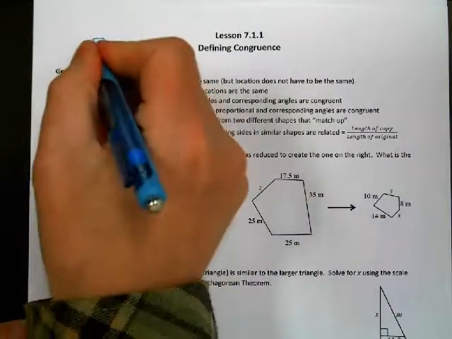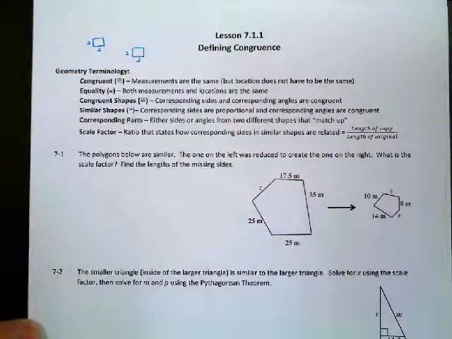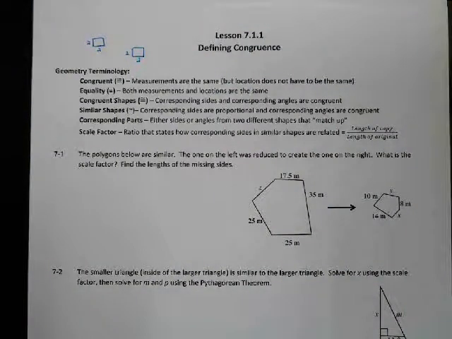Let's say that both of those squares are 2 by 2 squares. Now, if we were just using our terminology for algebra, we would say those two squares are equal to each other. But in geometry, we can't really say that, because in geometry, equal means the exact same.